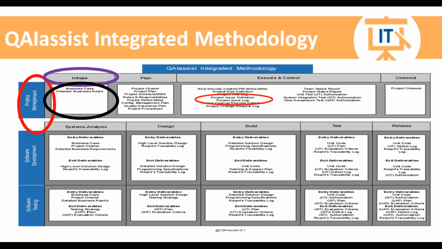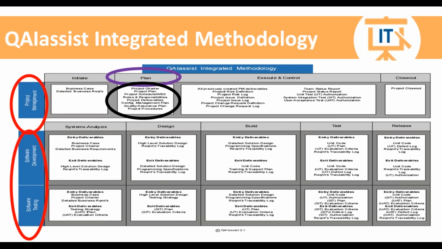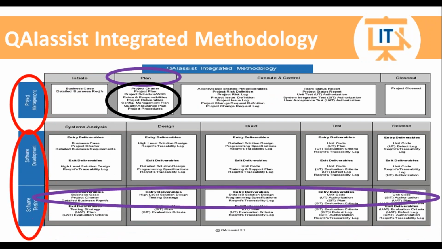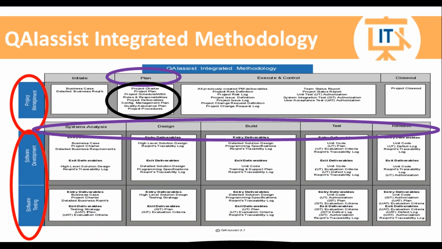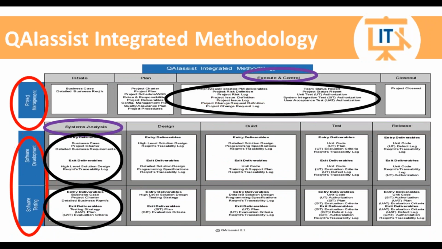So I'm going to quickly jump through here, and it doesn't matter whether we're in the plan phase, the initiate phase of the project management, or we're in our software development and testing phases. It doesn't matter. We could hit issues, okay? And we have to be able to define what the issue is, and we have to keep track of it in a log. So I'm just jumping through here.